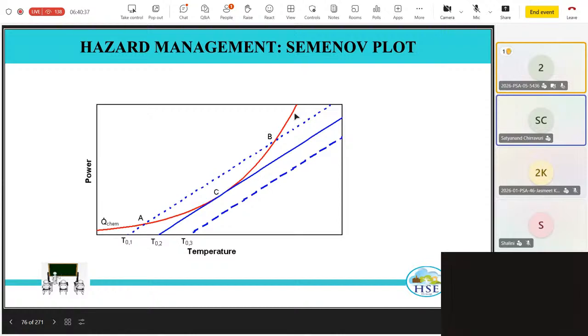Based on the Arrhenius equation, the rate of reaction is A e power minus Ea by RT into your concentration of reagent. So your K is nothing but A e power minus Ea by RT, which is your Arrhenius rate equation. And as the temperature increases, the K value increases also.